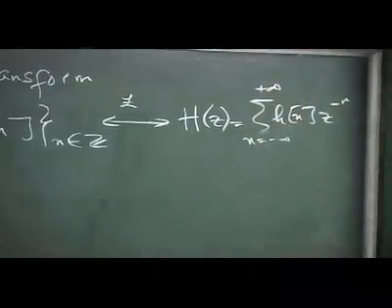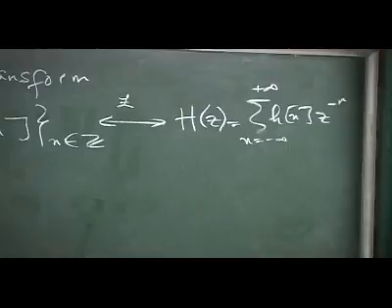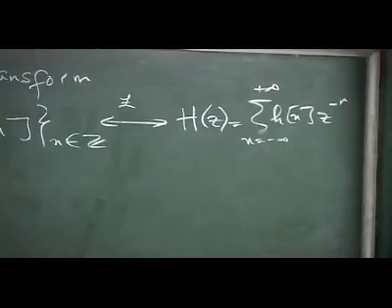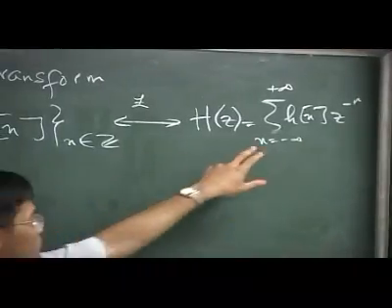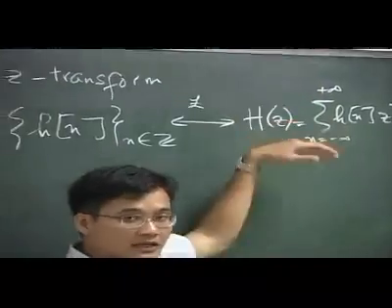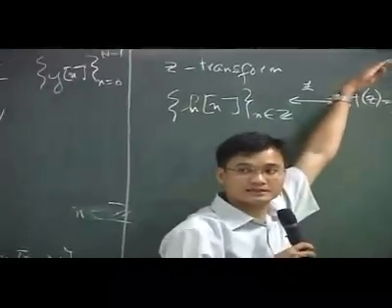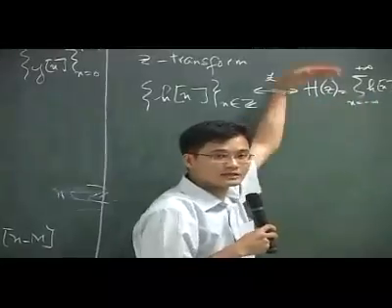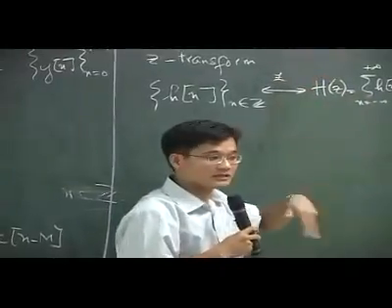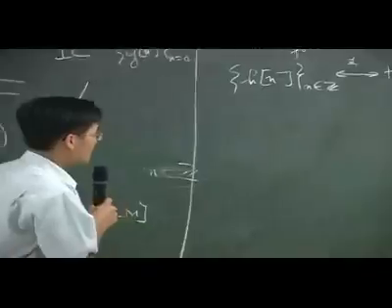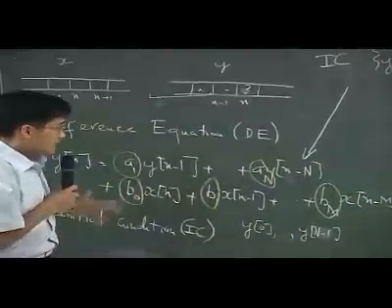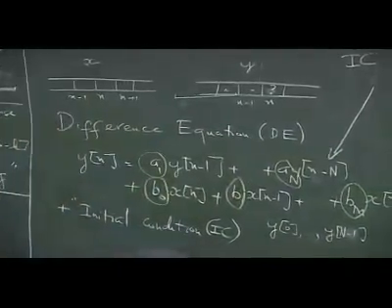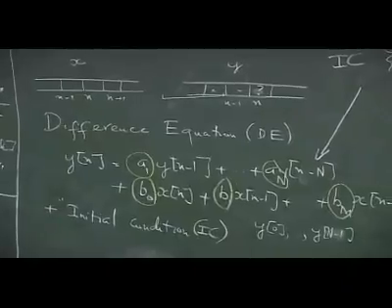Okay, oh, there's one thing, yesterday someone told me, whenever I don't write anything for the limit here, I assume that I go from minus infinity to plus infinity. When I write the integral, I don't put the limit, I assume from minus infinity to plus infinity. It's not the indefinite integral. Okay, so that's the definition of the Z transform.